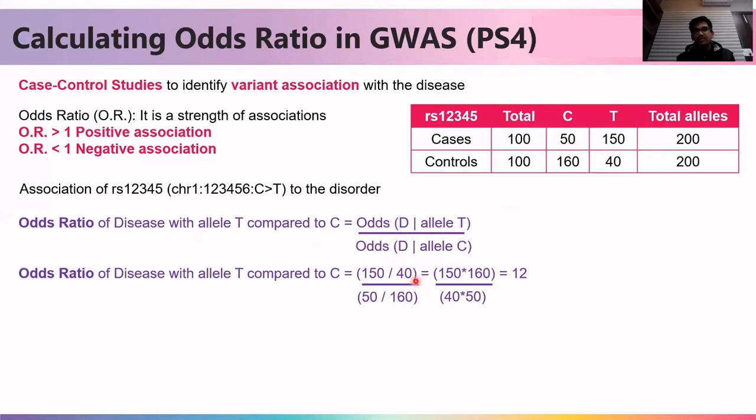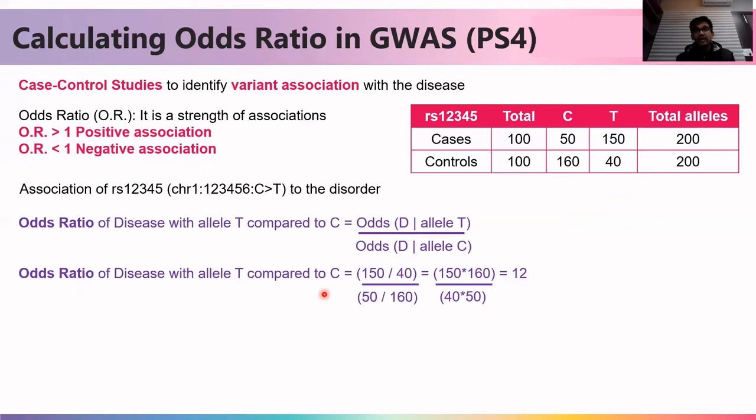So 150 divided by 40. Similarly, for the odds of disease with allele C, we will take the allele C of the cases, that is 50, and divide by the controls, that is 160. On calculating this, we'll get the odds ratio of 12 for disease with allele T in comparison to C.